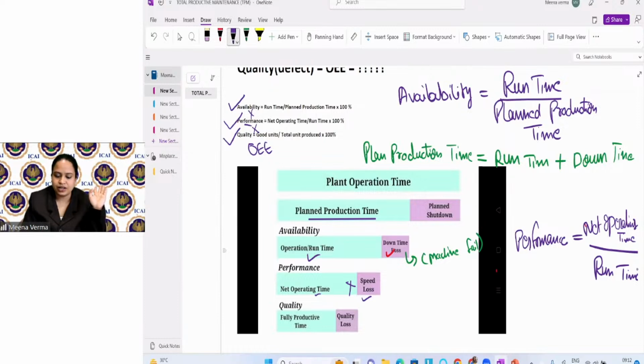Or from the runtime, it is possible to find the net operating time. So you can see in numerator, we have net operating time. In denominator, we have the runtime. So always remember that runtime is actually the sum of these two values.